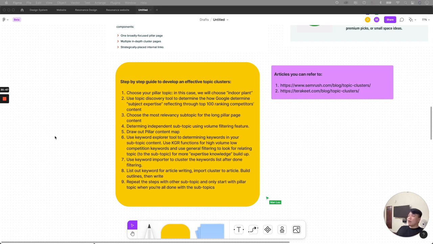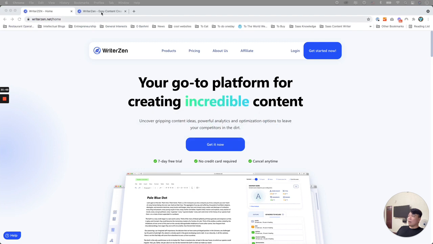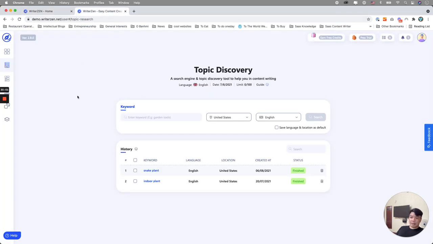So with indoor plants, the first question is, how do we identify what topics people talk about that, in Google's eye, they would consider to be an expert, right? The way we do it is that we will actually scan the top 100 URLs related to this keyword, scan all of their content, and pick out some of the headlines and topics that your competitor is writing about.